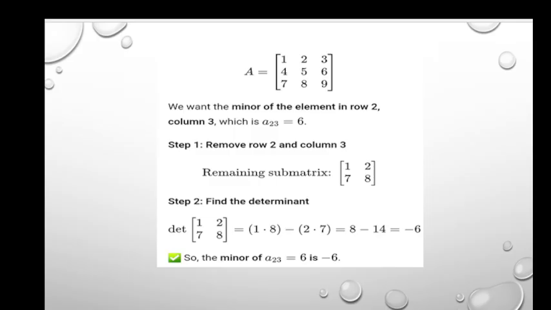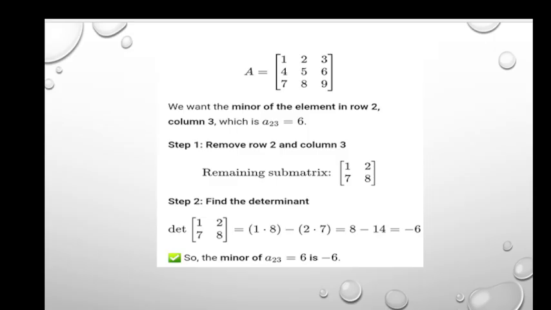So we have to delete the second row and third column. The remaining submatrix is 1, 2, 7, 8, because we deleted the third column and the second row. We have to find the determinant of this submatrix.